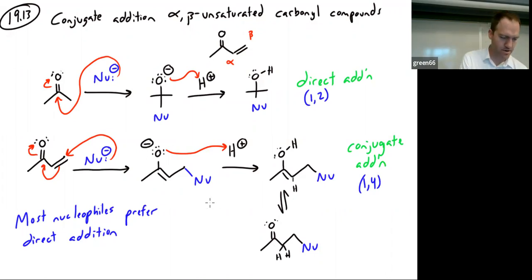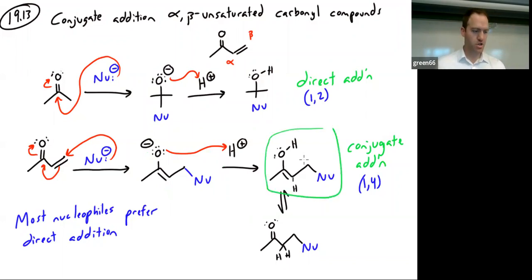But if you want to go straight from here to there, what you can do is push the electrons down and then pick up the proton that way. You can kind of think of it like that, right? Where the O- is pushing its electrons down, and then the alpha carbon here is picking up the proton. That's a little bit more direct route. The reason I'm showing you this molecule is it's more obvious to show the 1-4 addition. Nucleophile added here, hydrogen added there, 4 atoms away from each other.